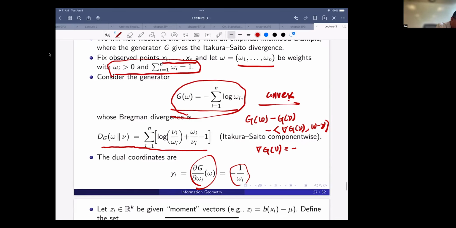So that means 1 over nu i. And so this one will be this one, right? Because of the property of log. And then this guy is essentially this guy, right? Because the measure is a discrete measure in the sample.